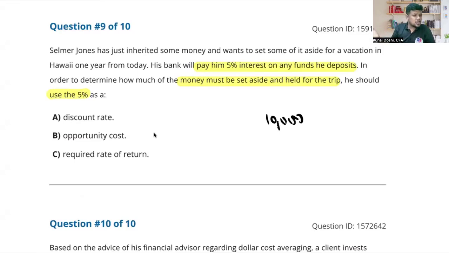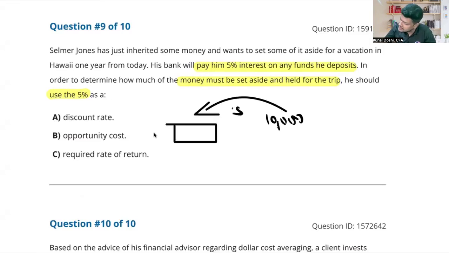So actually, this is a question of time value, but somehow they've put it here also. I want to know how much money I should keep aside today so that it grows at 5% and becomes 10,000 at the end of the first year. So I need to find the present value of it, correct? So what should I do?